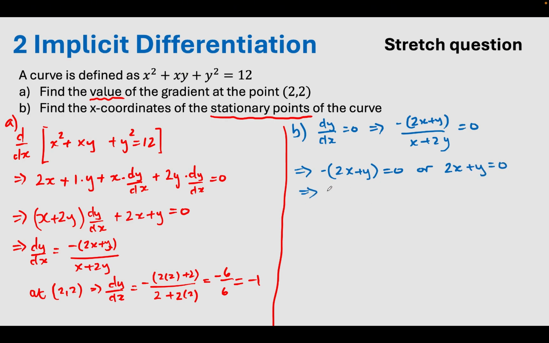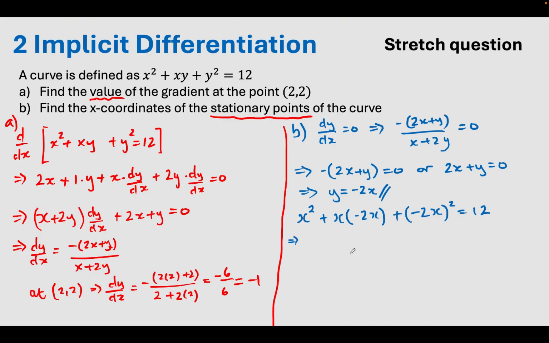So therefore that occurs when y equals minus 2x. Now, that isn't an actual coordinate, so I'm going to have to put this back into the original function and then solve for x. So, I'll get x squared plus x times minus 2x plus minus 2x all squared equals 12.